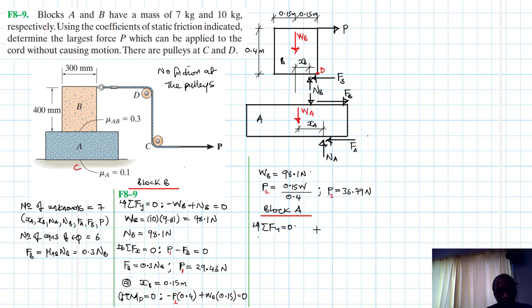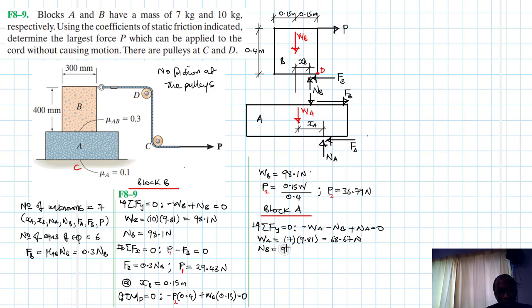Sorry, summation of forces in the Y. We have another component. So minus W minus NB plus NA equal to 0. WA is just going to be equal to 7 by 9.81, and this gives us 68.67, and we already know what NB is.